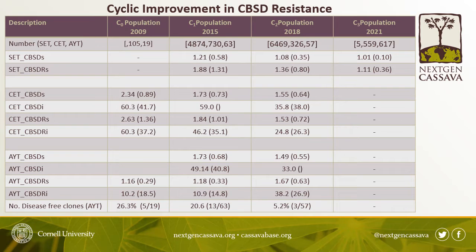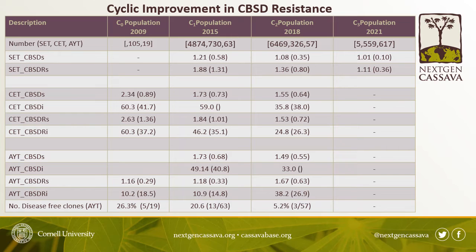Secondly, you'll notice that within a specific population, as you advance from one stage to the other, for instance if you look at the C0 population, as you move from the CET to AYT, you can see here that at CET foliar we have 2.34 as the mean severity, while I think it's better to compare with root severity.